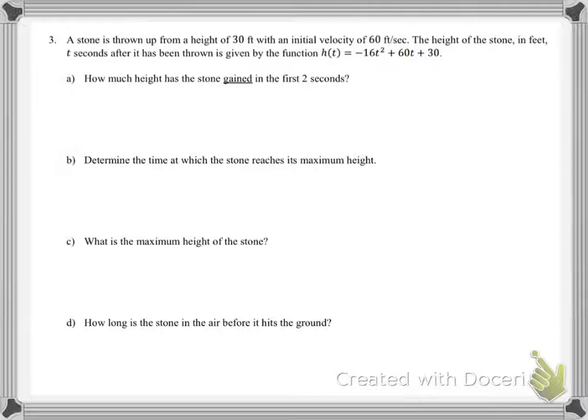So, again, just want to label. They give you here the initial height and the initial velocity that the stone is thrown with, but you won't ever have to actually write the height function. Those numbers play into the height function. You can kind of see where the 60 and the 30 come into play, but you won't be asked to actually write it. They'll give it to you every time.